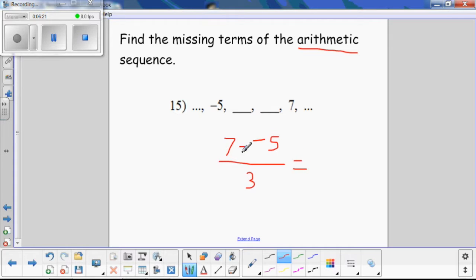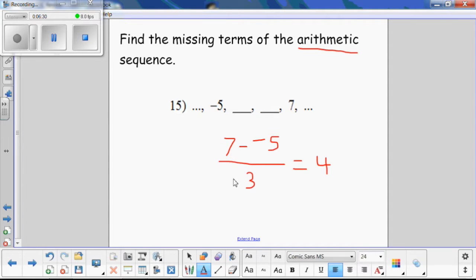So in this case, we get 12 over 3, which reduces to 4. So our common difference is 4. So when we add 4, we get negative 1. We add 4 again, we get 3. And if we add it, we see that it works with 7.